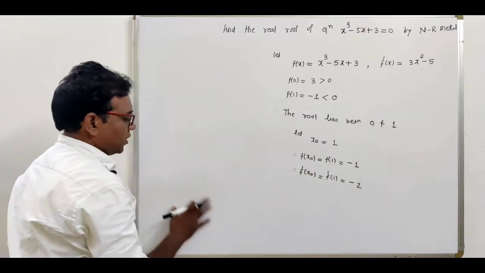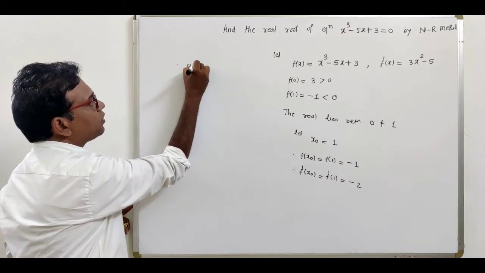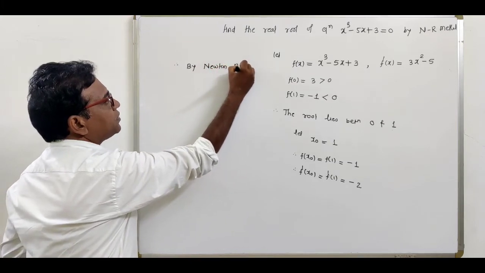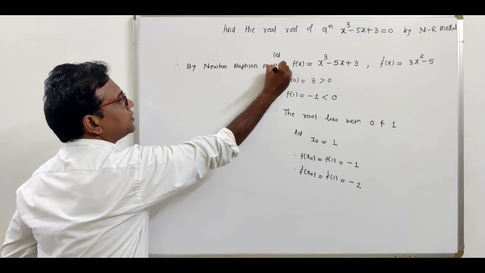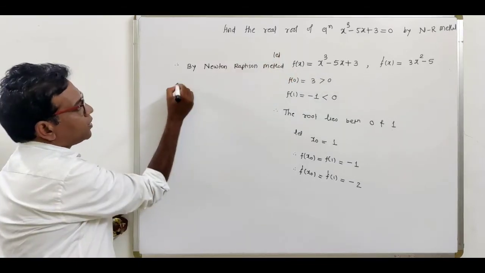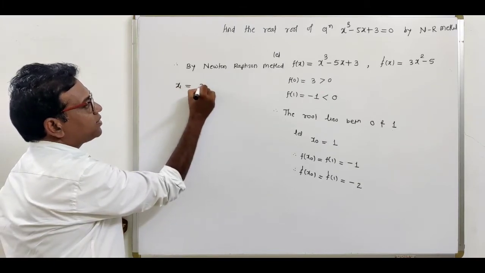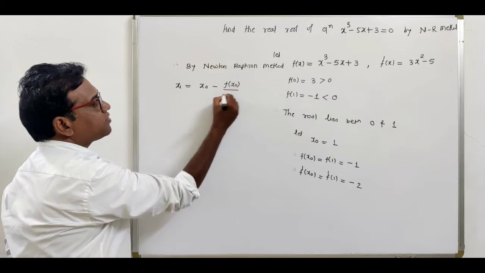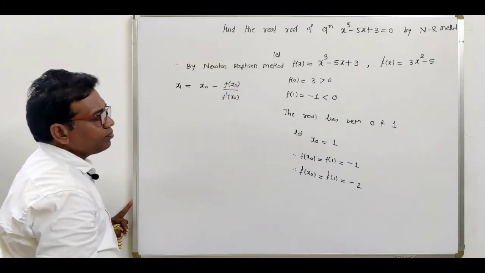So use the Newton-Raphson formula. Write down the name of the method. Therefore, by the Newton-Raphson method, this gives the first approximate root x1. This is given by the formula x1 equals x0 minus f of x0 divided by f dash x0.